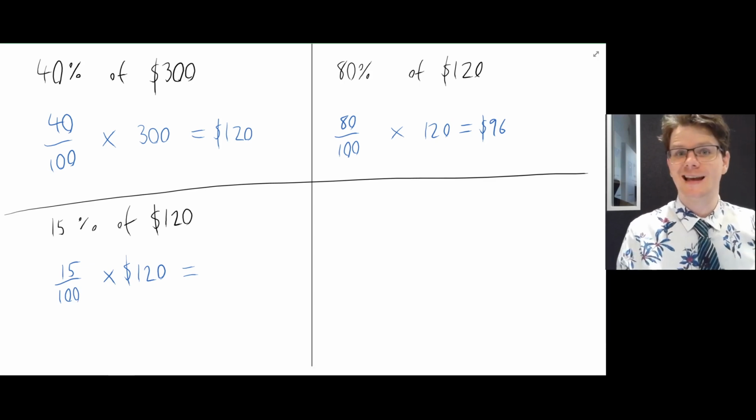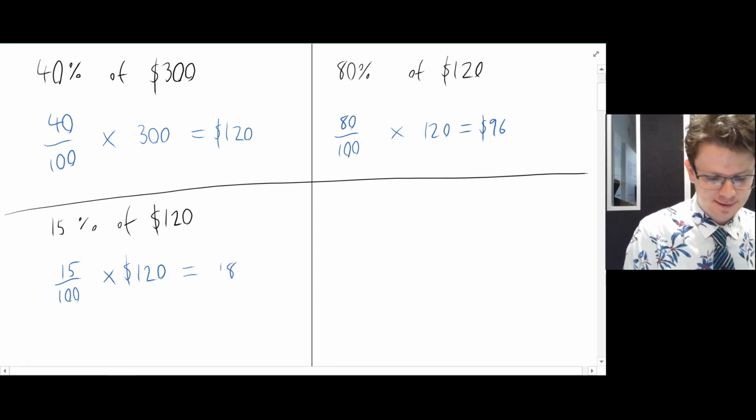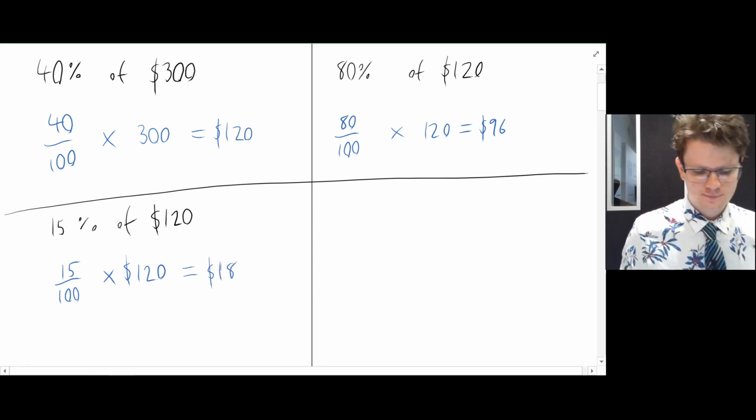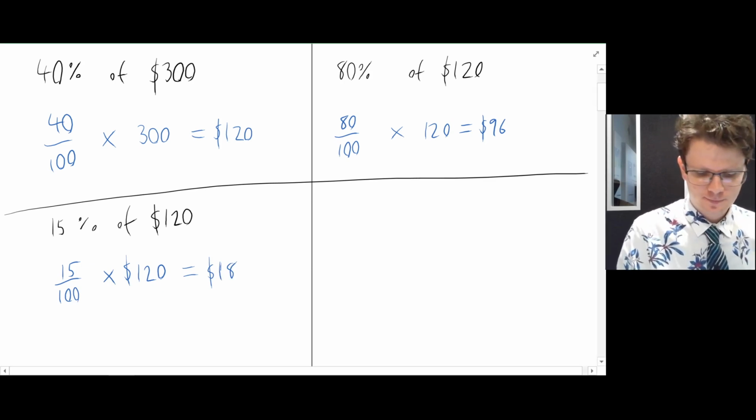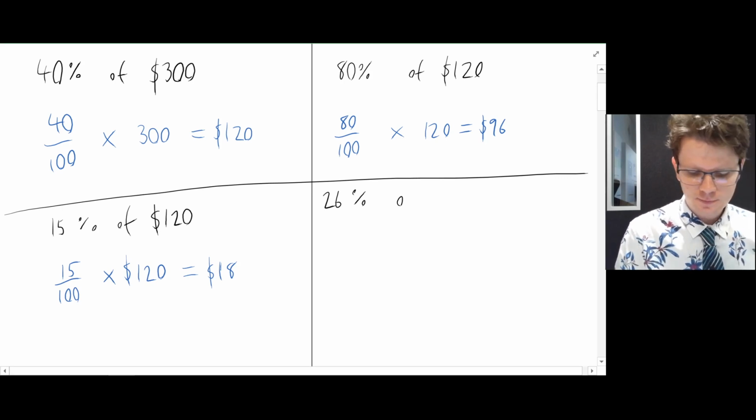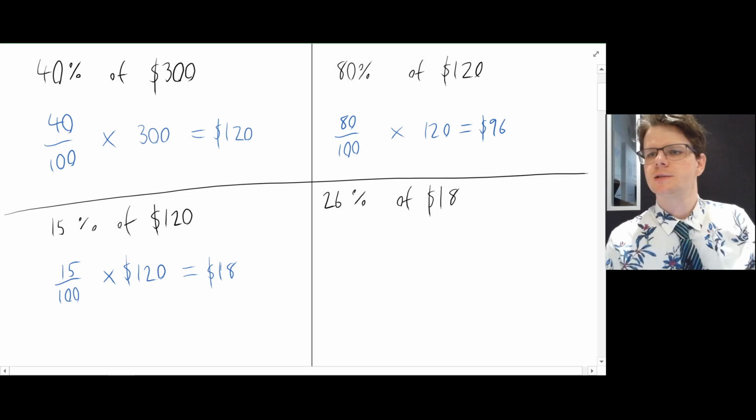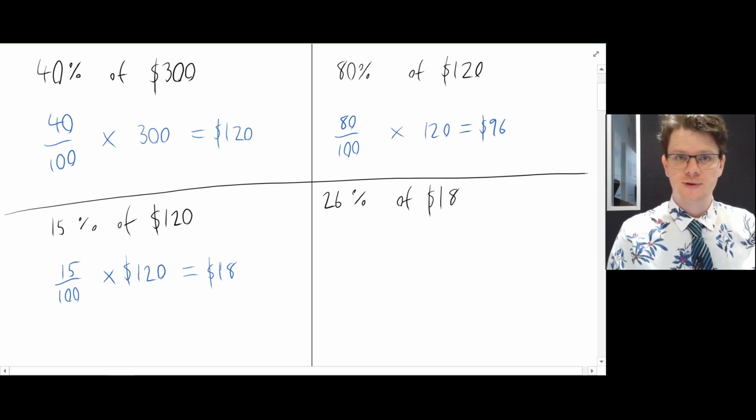That should give you $18 as the final answer. Alright, I'll give you a slightly different one. This is your one to have a go at. 26% of $18. Pause the video, have a go.